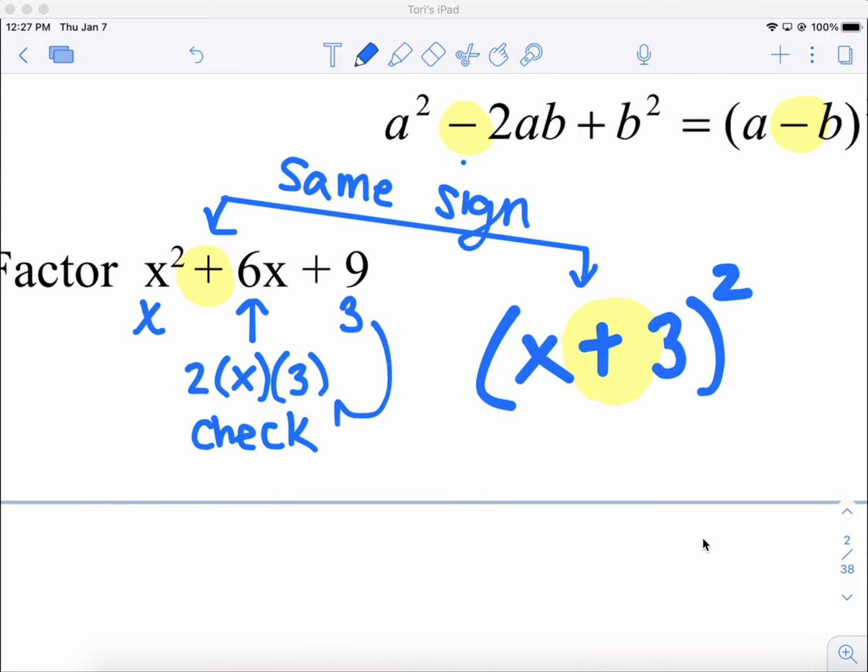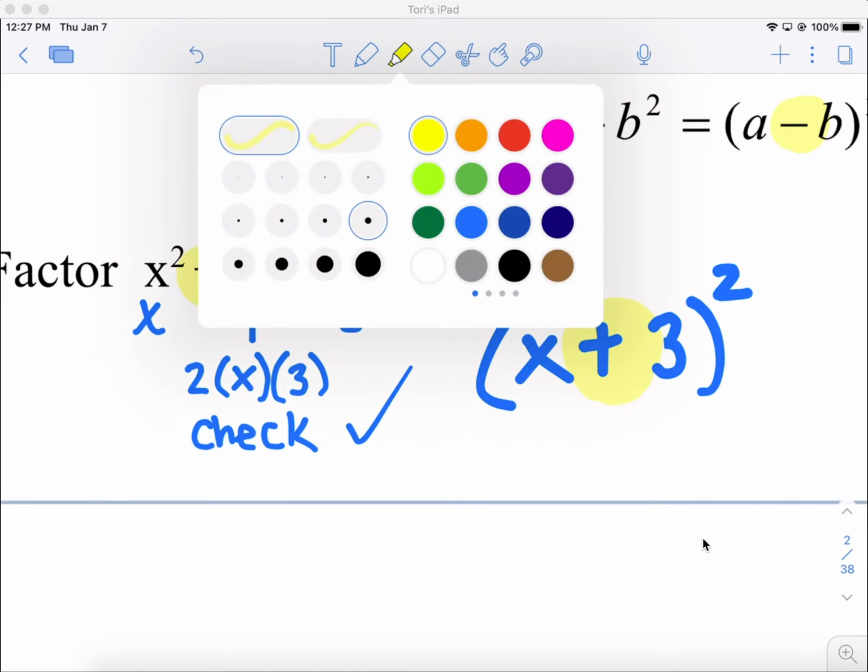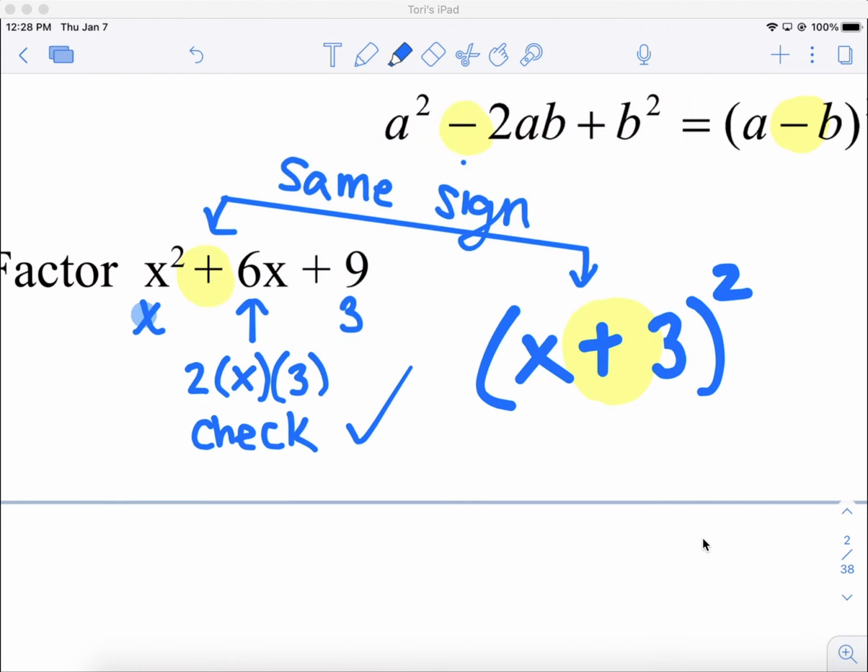If I put them together, 3x, and double that, 6x, it should be the middle term. If that checks out, then I go ahead and put the original 2 pieces into a binomial, and I make sure that the signs match whatever the middle was.